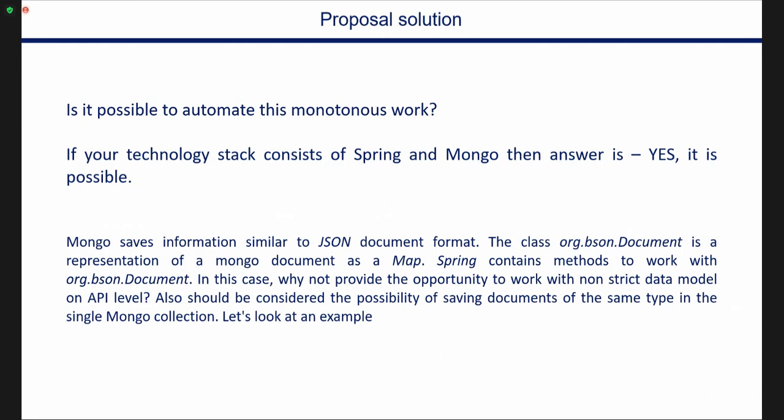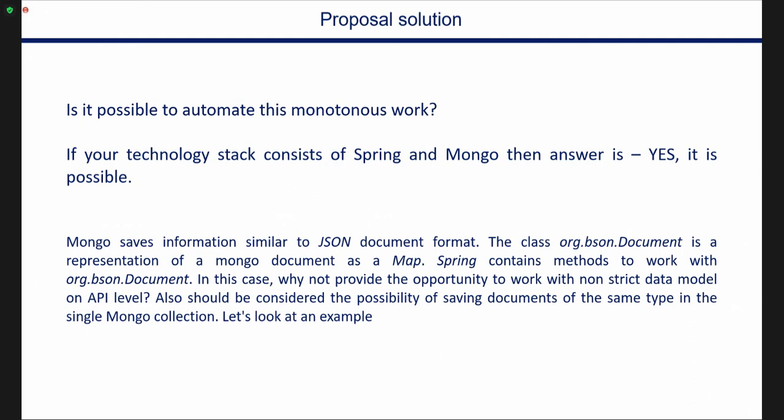Let's go a little bit more deeply into the details. Why, if we are using Spring and Mongo, can we automate this? First of all, let's take a look at Mongo. What is Mongo? Mongo is a NoSQL database which saves information in a format that is similar to the JSON document format. If we open Mongo and take a look at the information, we will notice that it stores it like a JSON document. There is a class from org.bson, Document, that is a representation of a Mongo document, and it represents this document as a map with keys and values.